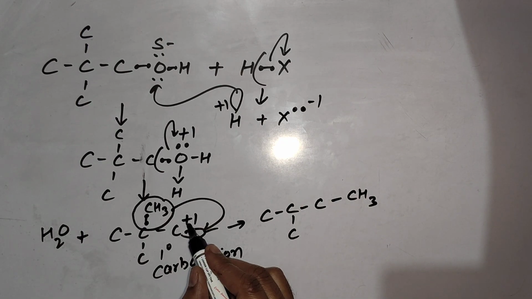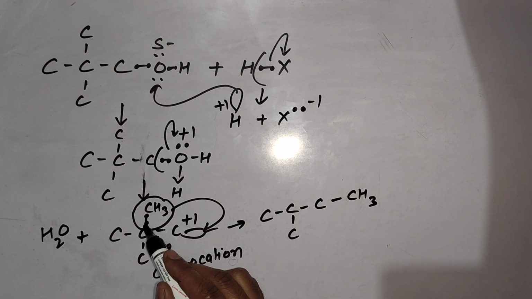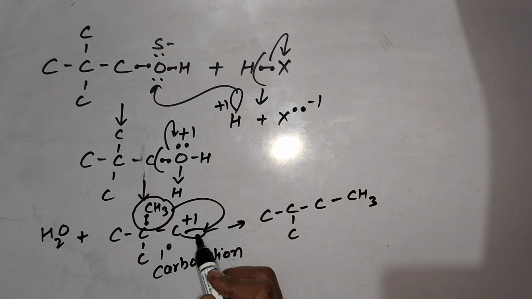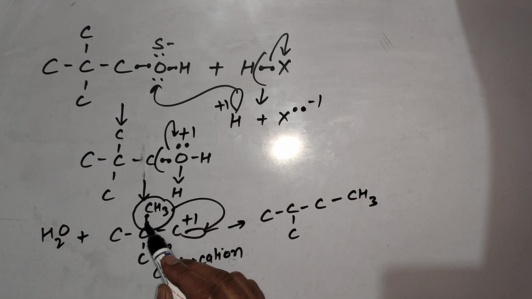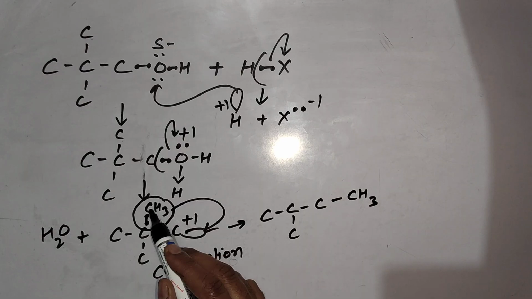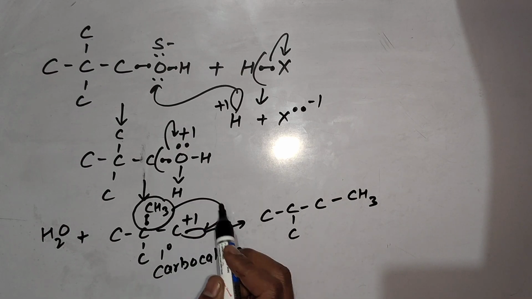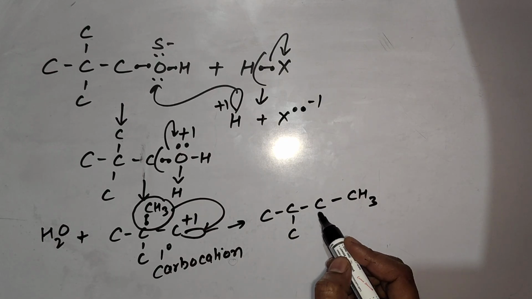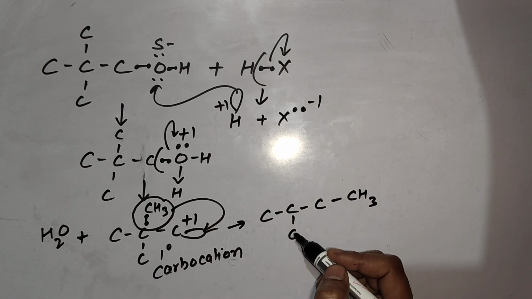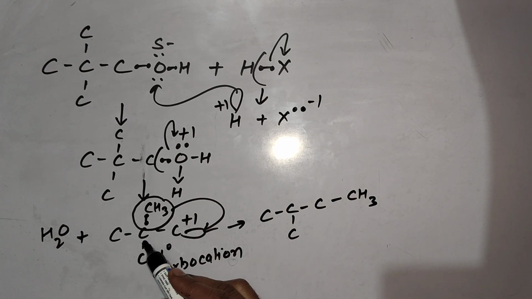The positive charge of this carbon will finish because one electron is going to make a bond over here. One electron will remain with this carbon, and the extra electron which this carbon is carrying will be delivered to this carbon. So this carbon and this carbon both will become neutral. The problem will be for this carbon, which has lost its electron.